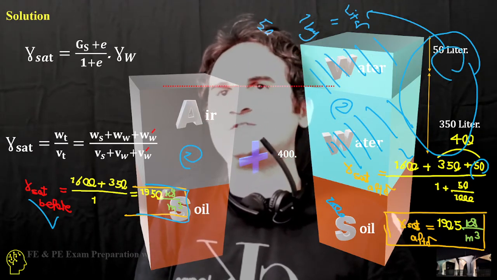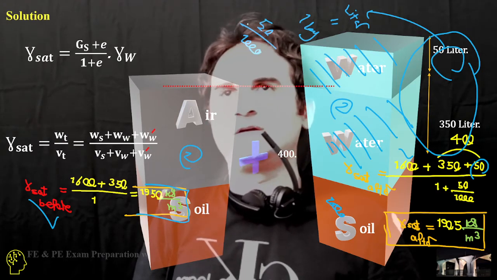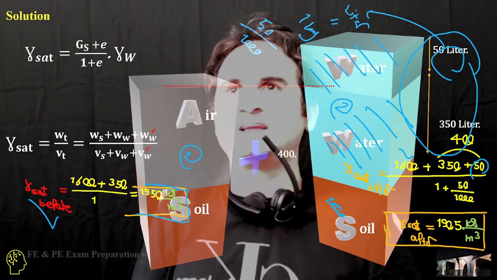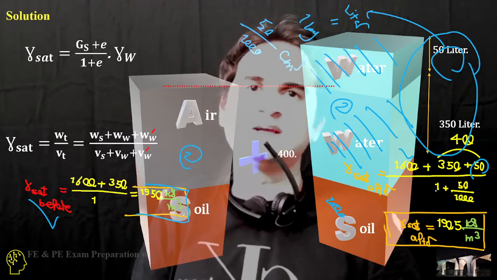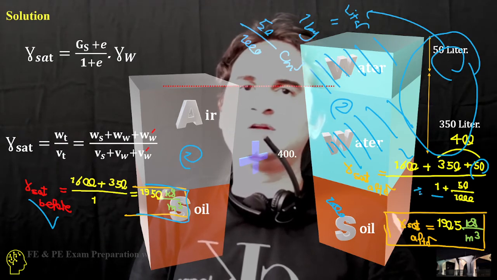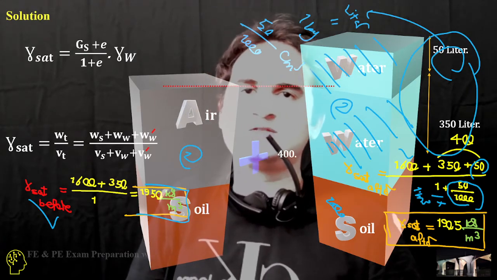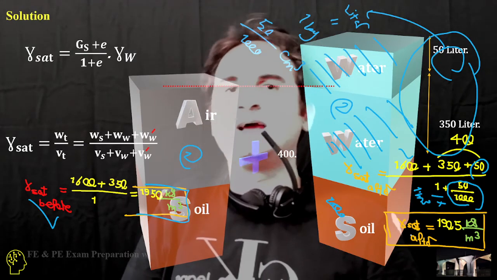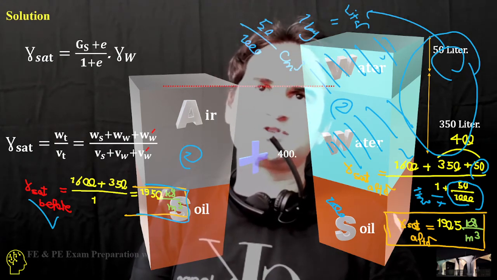Each liter is 1/1000 of a cubic meter. So that's 50 over 1000, 0.05 cubic meters. That's one cubic meter initially plus this addition, to convert to cubic meters, and it gives us gamma saturated after adding this much water.